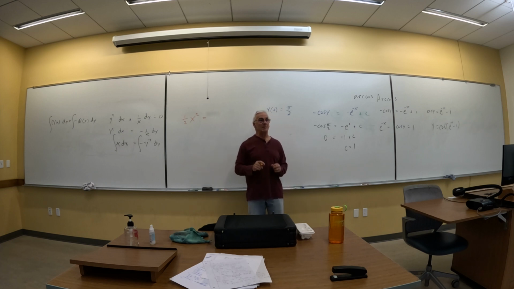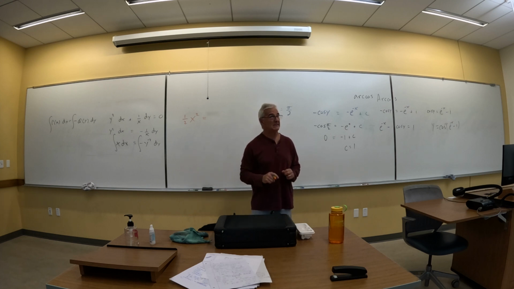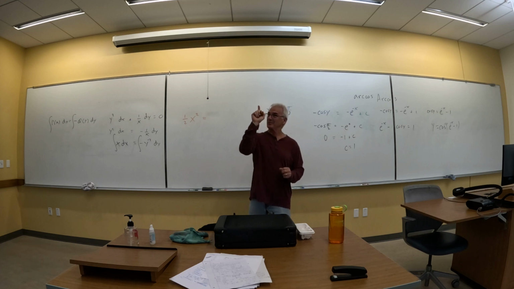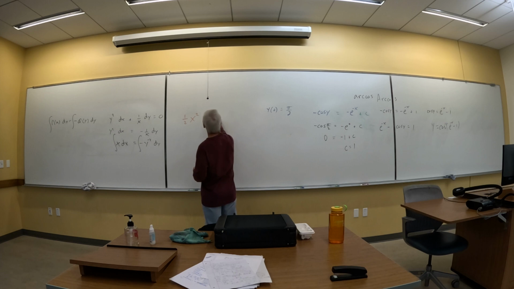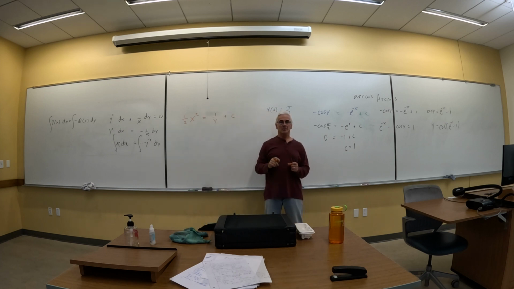So it'll be positive y to the negative 1, adding 1 to the exponent. Could I write it as 1 over y? It doesn't matter, but that's it. I'm done with the calculus.